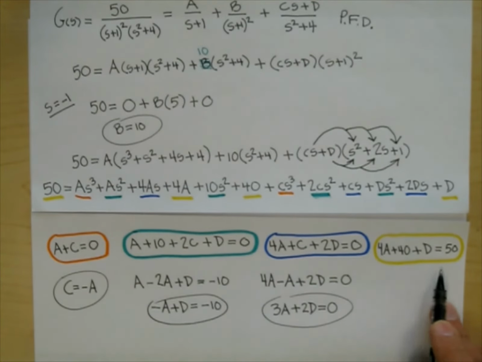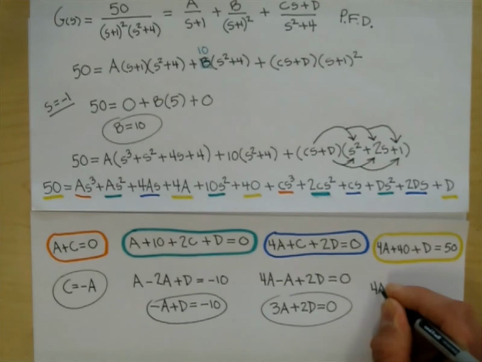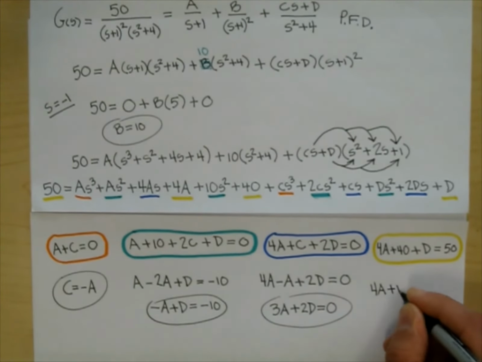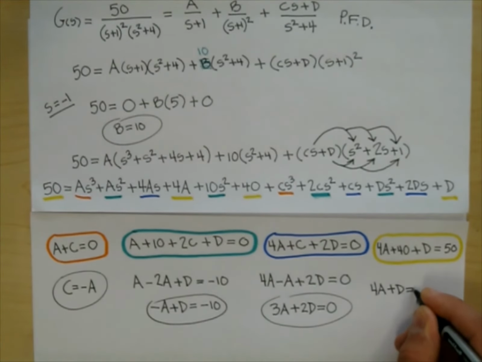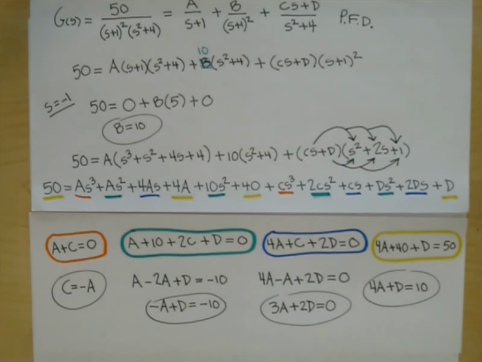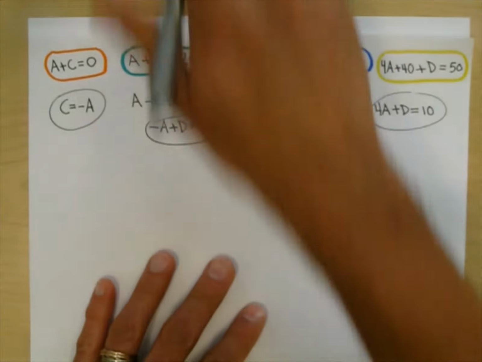And then over here, what do we have? We have 4A plus D, and then subtract 40 on both sides. This is going to equal 10. Okay, so let's just go like that.